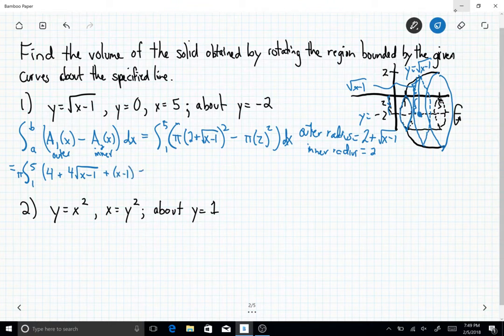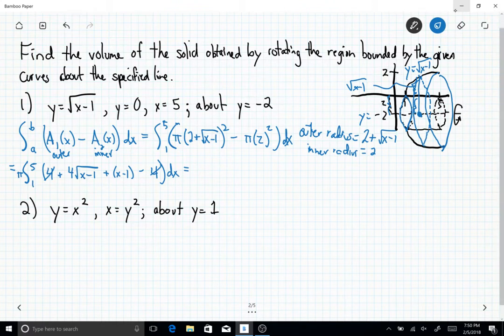Minus, and notice we had 4 pi, but we've already factored the pi out, so it's just going to be 4 here. And we can do some brushing up. And hopefully a lot of this will look familiar. So notice the 4 minus the 4, those things cancel. So we're left with basically x minus 1 and that 4 square root of x minus 1.